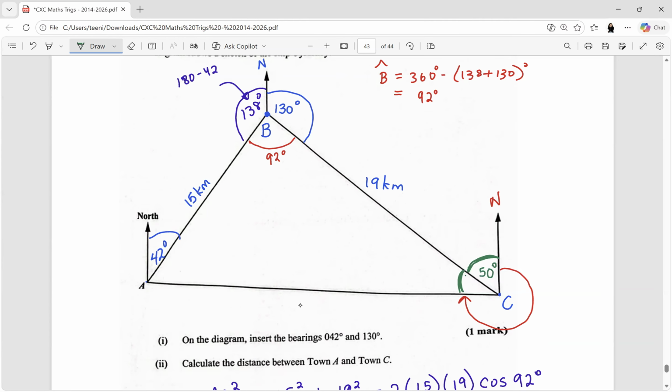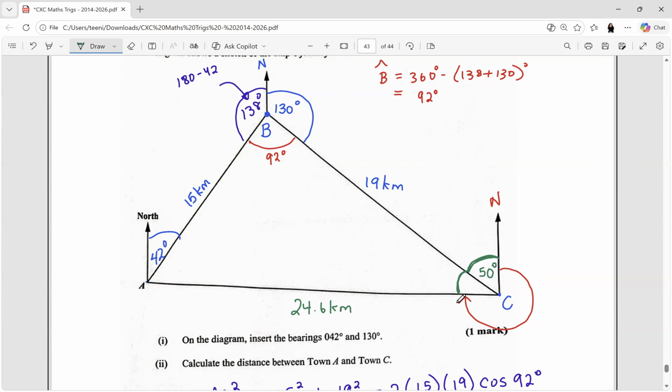So if this side is 24.6 km, I can use any one of the rules to find this angle because you can use the cosine rule to find an unknown angle when you have all three sides, or you can use the sine rule when you have any two sides and one angle, right? It has to be a side opposite the angle though. So like you see you have 92 here, and I have this known side 24.6 that's opposite 92. I can use the sine rule here.